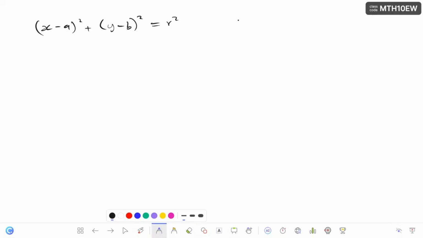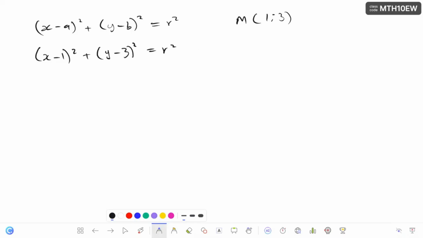We have M, which is 1 and 3, so we simply say x minus 1 squared plus y minus 3 squared is equal to r squared.